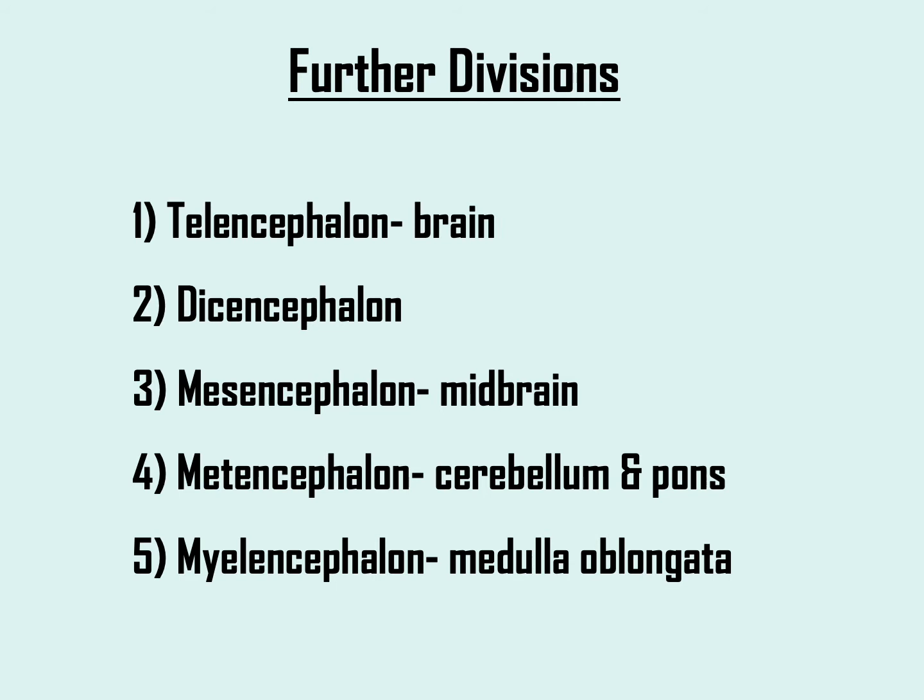The diencephalon stays the same. Then the mesencephalon is going to become the midbrain, and that makes sense because mes means middle. The metencephalon will become the cerebellum and the pons, and then the myelencephalon becomes the medulla oblongata.